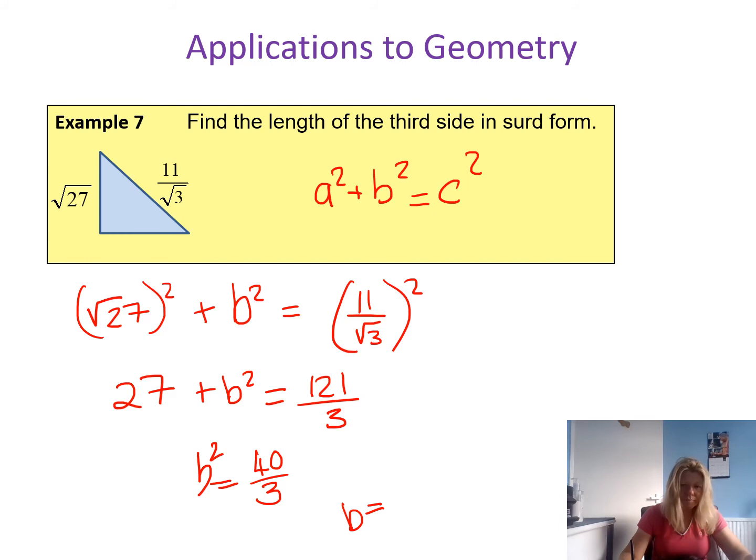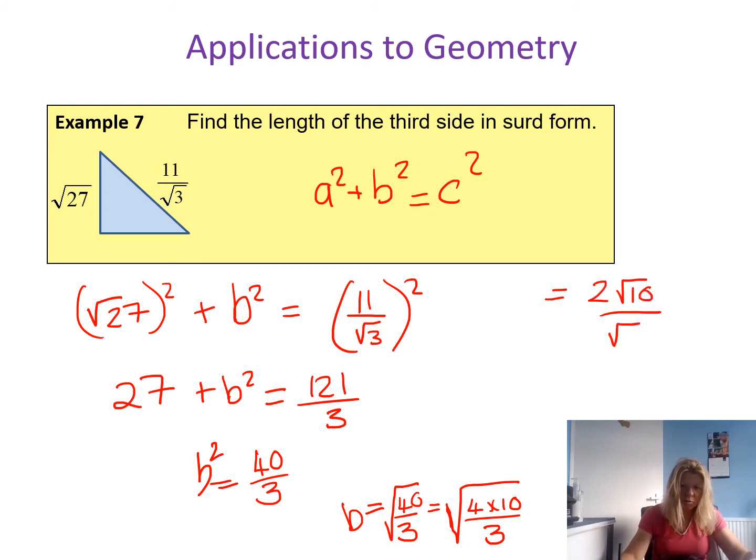So b squared, 121 over 3, take 27, gives me 40 over 3. So when I square root that, oh dear, if I was having to do this by hand, this is quite a faff, isn't it? And that equals, doing a funny square root now, 4 times 10 over 3, and square root of 4 we can take out, square root top and bottom, so that becomes 2 root 10 over root 3. To get rid of the root 3, times top and bottom by root 3.